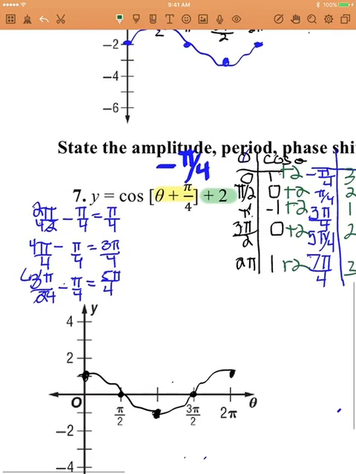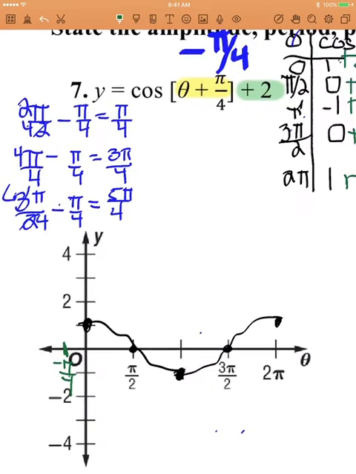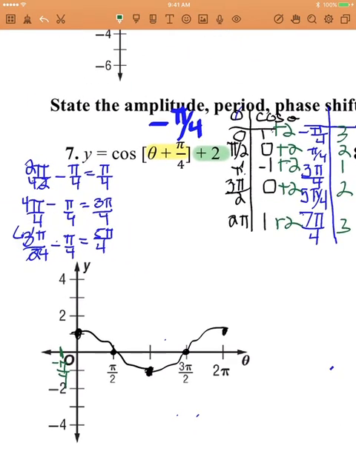And now let's go ahead and graph this guy. So at negative pi over 4, probably right about here, I have 3. So I go up 1, 2, 3, and there's that guy.